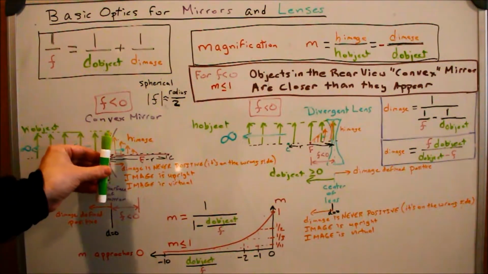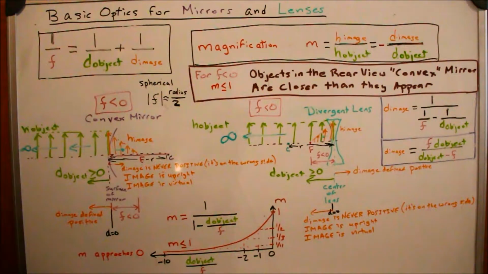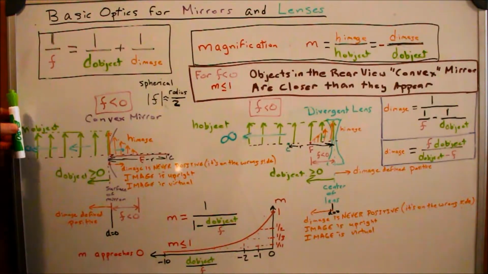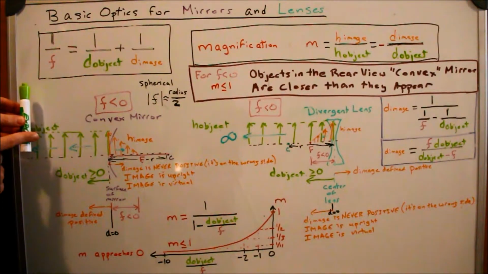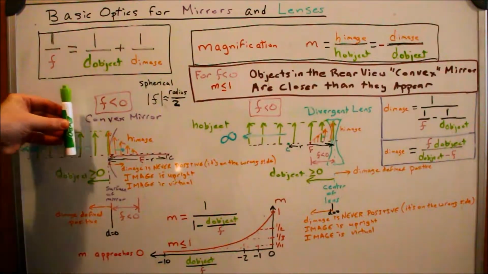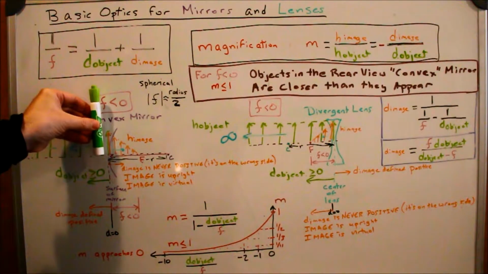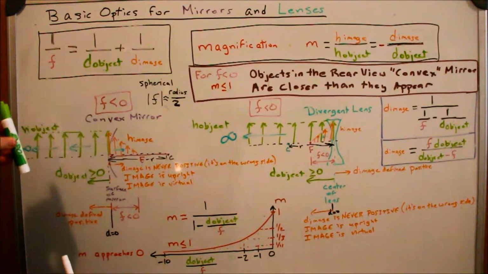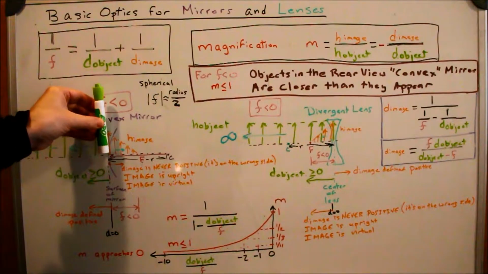So now let's think about what happens with this mirror. There's the surface of the mirror, here's the reflective side, and here's the object, with me looking into this mirror. We'll start by thinking about what happens when this object is right up against the mirror. So the distance of the object is 0.